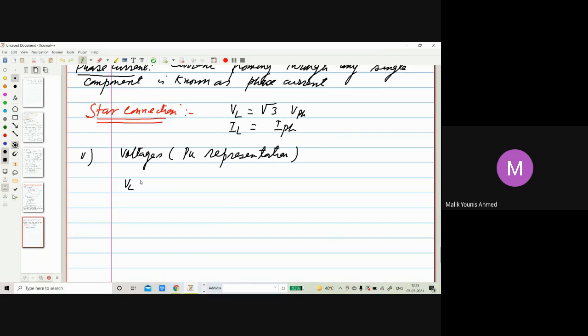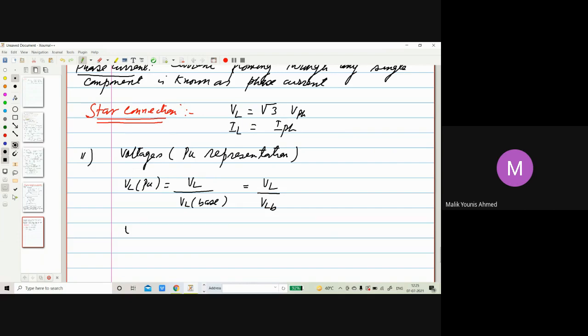VL per unit will be equal to, I told you that relationship, whatever the relationship exists in the actual system, same will be there in the per unit system. So that will be actual value of the line voltage divided by the base value, VL base.